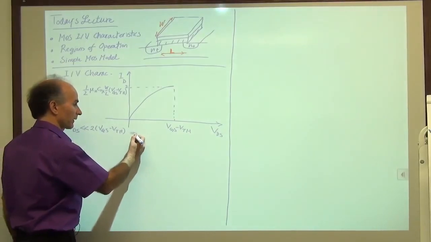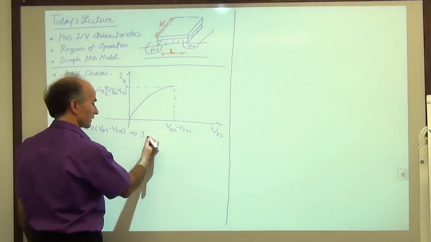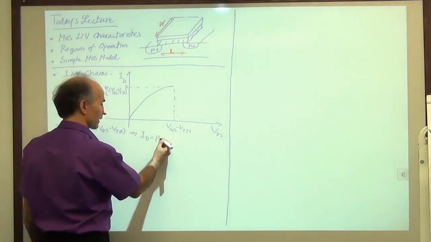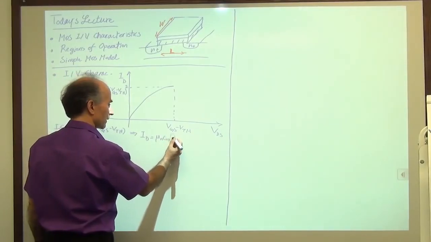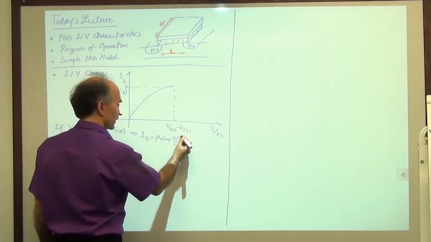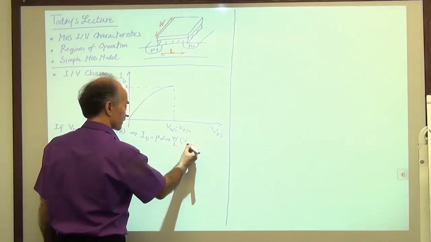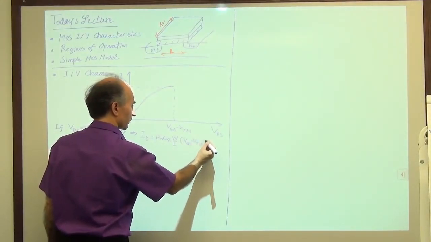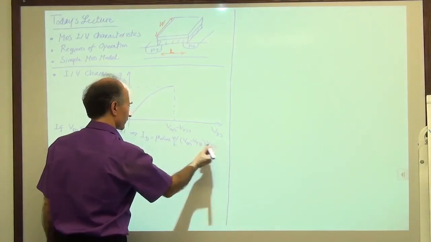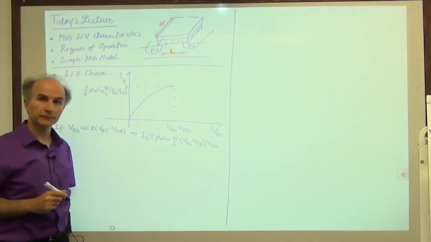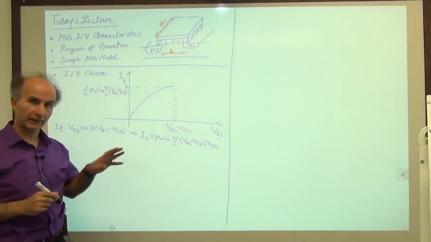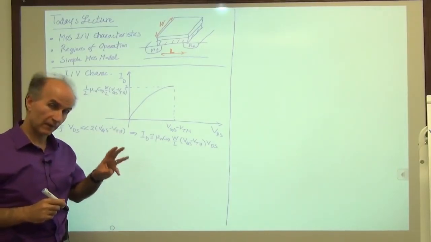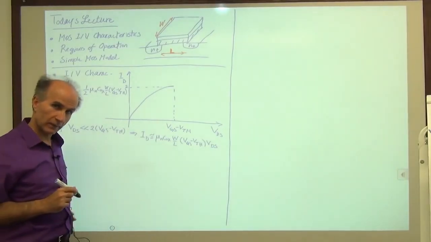And what we end up with is ID equal to mu n Cox W over L times VGS minus VTH times VDS. So that's an approximation. I just neglected 1/2 of VDS squared in that equation.